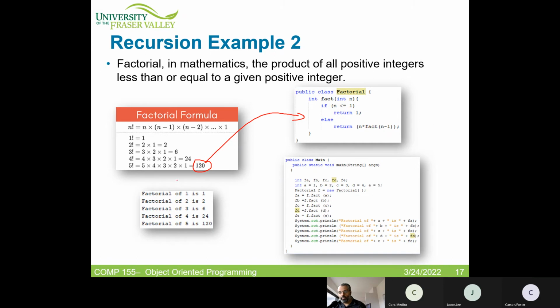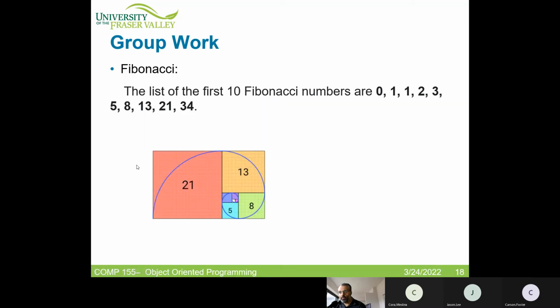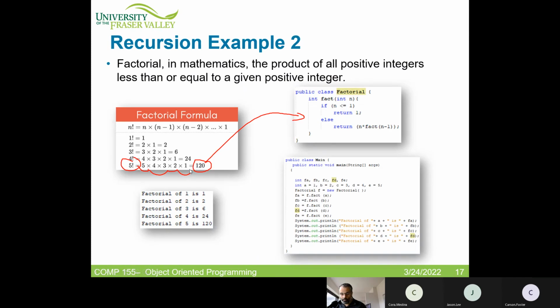So factorial, all of us know about the factorial. When we go to 5 factorial, we start 5 times 4 times 3 times 2 times 1. So for factorial 5, it is 5 times 4 factorial, and 4 factorial is 4 times 3 factorial, and 3 factorial equals 3 times 2 factorial. 2 factorial equals 2 times 1 factorial, and 1 factorial is 1.